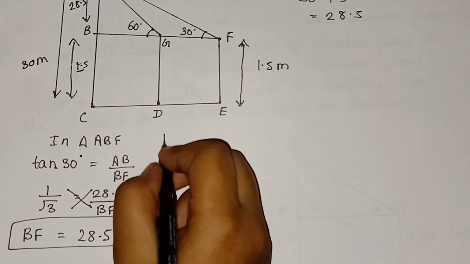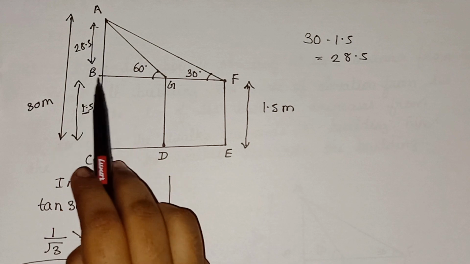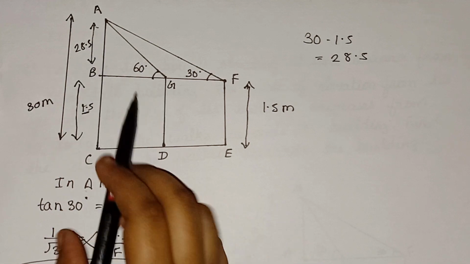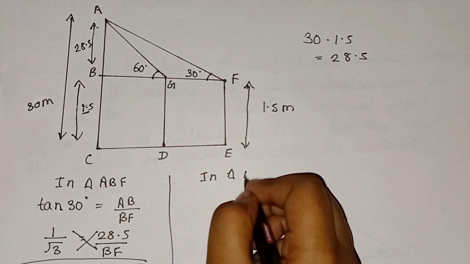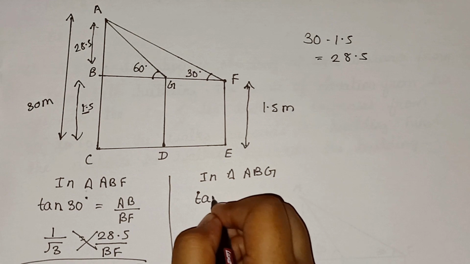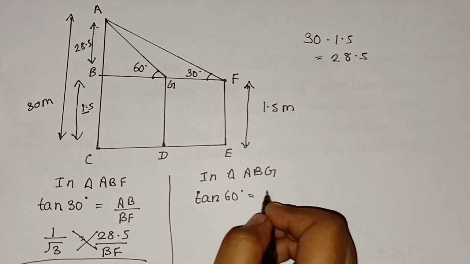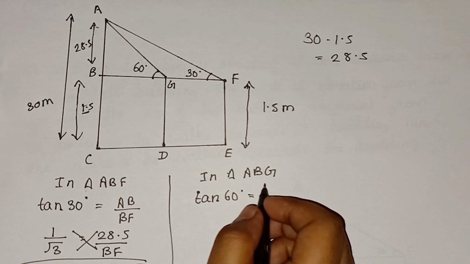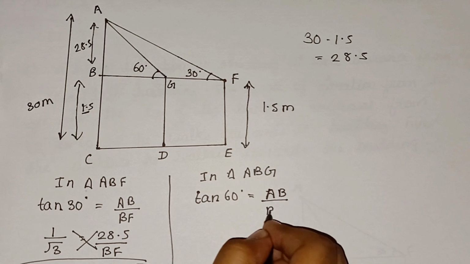Now let us take another triangle, that is triangle ABG. Why? Because we have an angle here. In triangle ABG, we shall use tan. The angle is 60 degrees. So tan 60 degrees is equal to opposite side by adjacent side. The opposite side is AB and the adjacent side is BG.